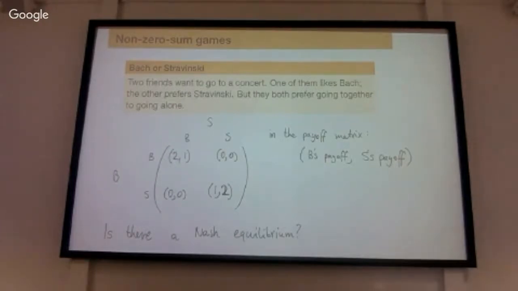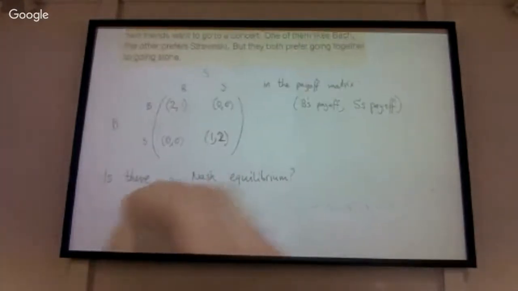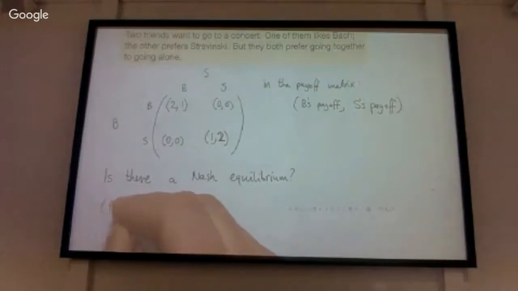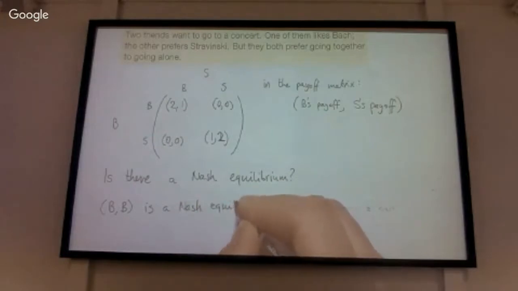Okay, you haven't found the Nash equilibrium, I'll give you one. So each of the players going to see Bach is a Nash equilibrium. Why? Well, because none of them can improve their payoff by going to see Stravinsky.